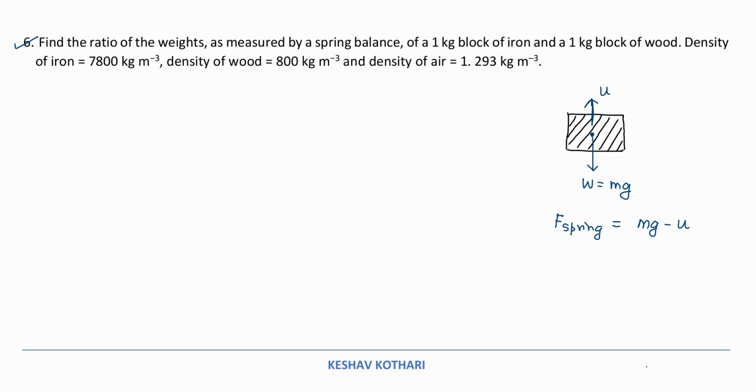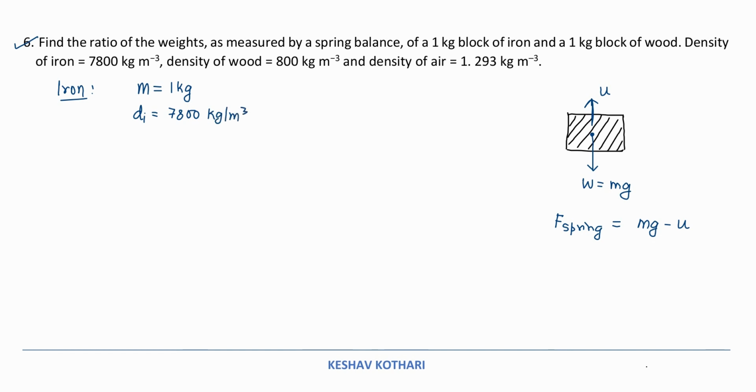So if I write the weight measured for iron, we are first of all doing it for iron. For iron, the mass is equal to 1 kg, and the density of iron is equal to 7800 kg per meter cube.